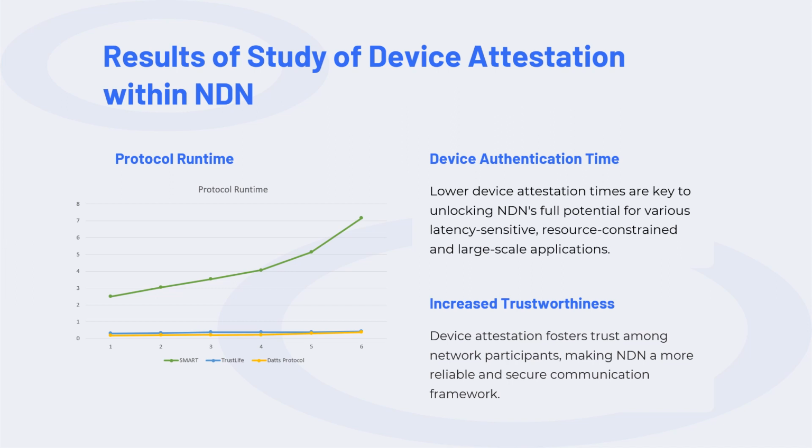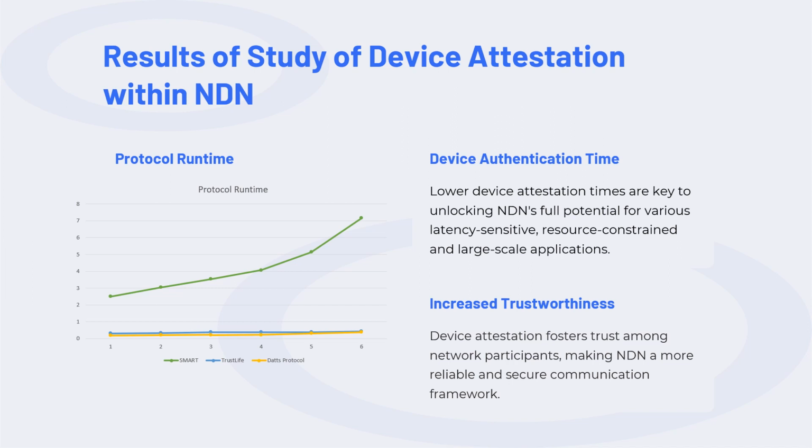Based on this graph, the DAX protocol has the best performance in terms of runtime, since it maintains the lowest and most consistent runtime across the variables. TrustLife also performs well with low and consistent runtimes, though slightly higher than the DAX protocol. The SMART protocol shows the worst performance, with the runtime increasing as the x-axis variable increases.